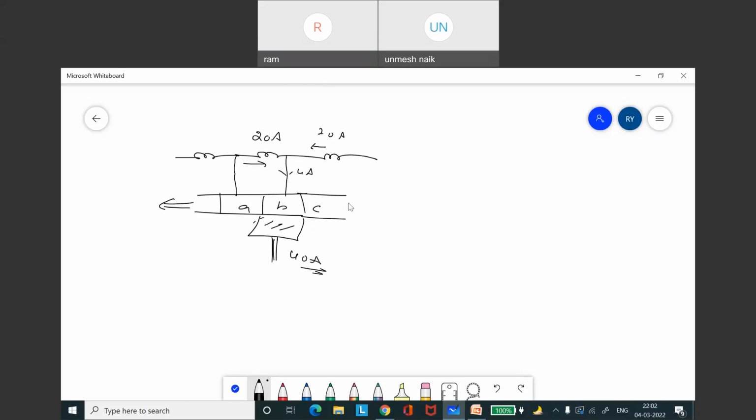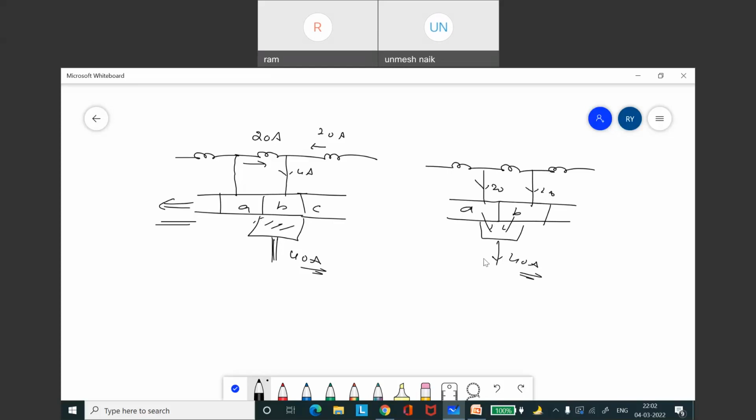Now the commutator is moving in this direction, but the brush is fixed. After some time, the commutator segments are this A and this B. Now 20 is flowing and 20 is flowing, so 20 is coming from this side and 20 from that side, so 40 is fine.